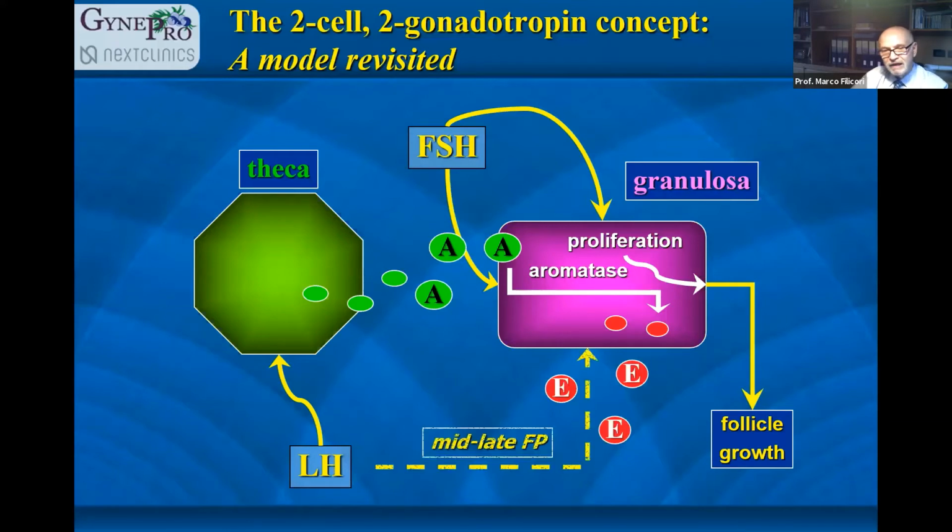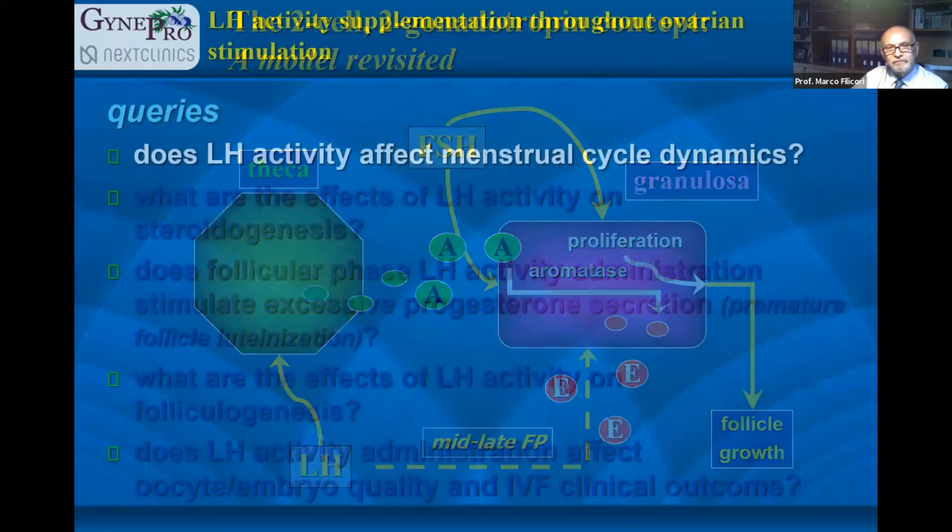Then, in the mid to late follicular phase, but particularly in the late follicular phase, LH receptors begin to be expressed very vigorously by granulosa cells, and that is what makes the granulosa cells sensitive to LH activity and sensitive to the mid-cycle LH surge, which induces final follicle maturation, ovulation and final oocyte maturation.